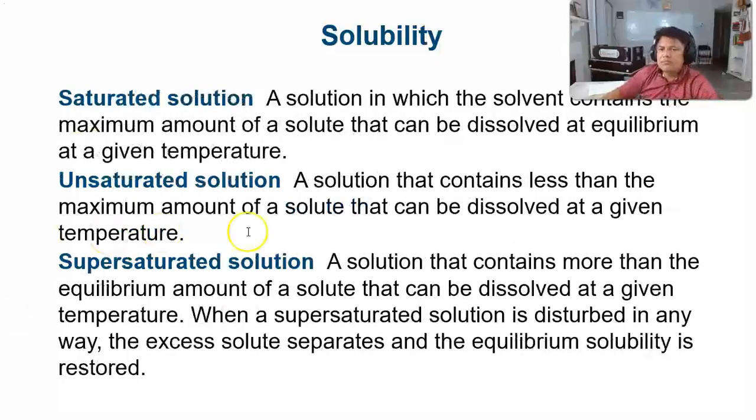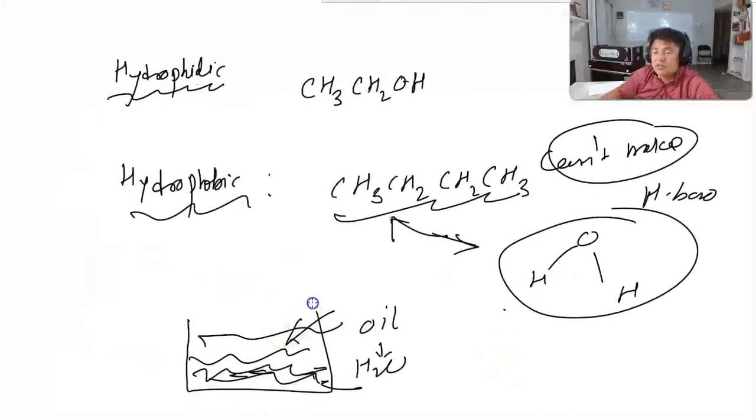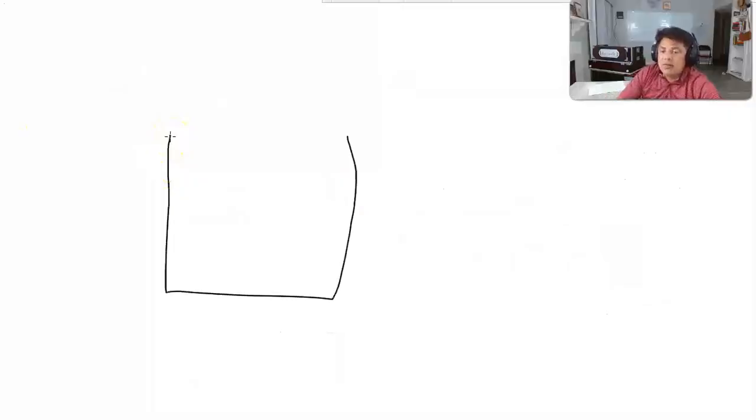Okay, so now let's go further. The solubility. A saturated solution is a solution in which the solvent contains the maximum amount of the solute, right? After that we cannot dissolve more. We already discussed that. Let me give you one example.